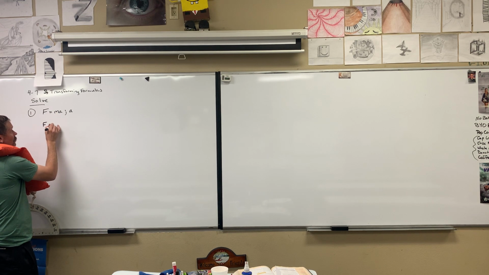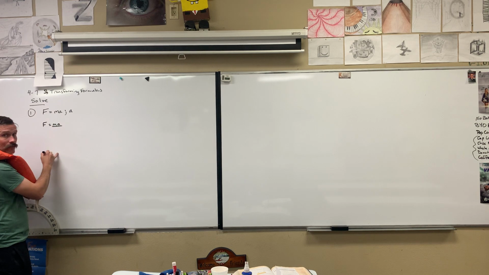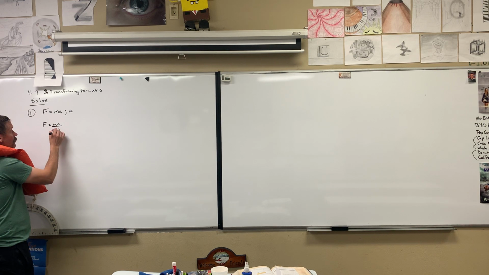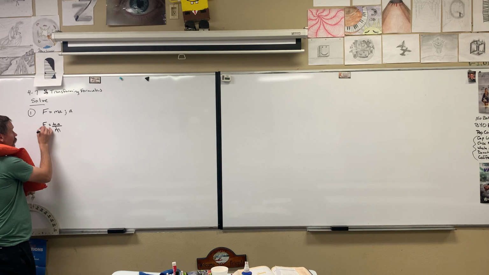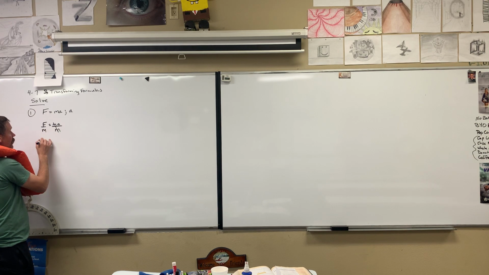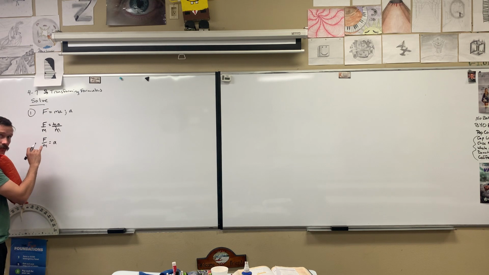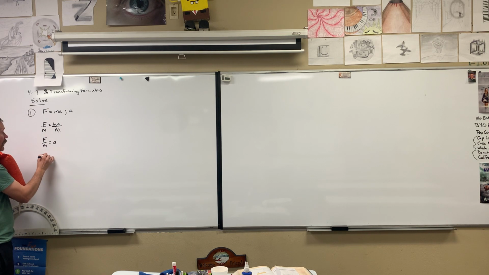So I'll rewrite this down here. We are going to divide both sides by m, and when you divide both sides by m, they cancel on the right side here. And you have f over m is equal to a. The symmetric property allows for you to switch, so you have a is equal to f over m. And then you would be done. A is by itself, and it's in terms of f and m over here.